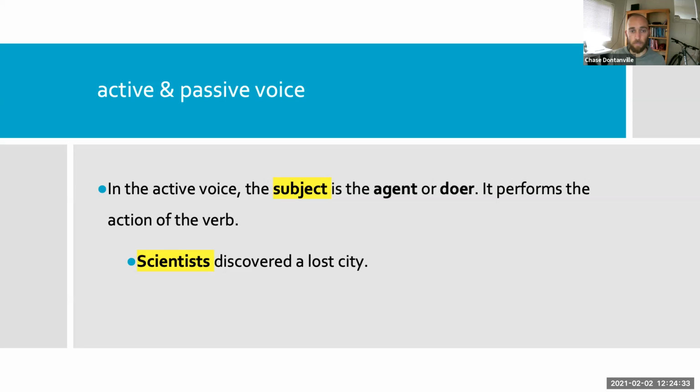Scientists, the subject. A guard locked the doors. So the verb is lock. And again, the subject, guard, does the action. So the guard locked, the scientist discovered. So when the subject does the action, we call it active voice.